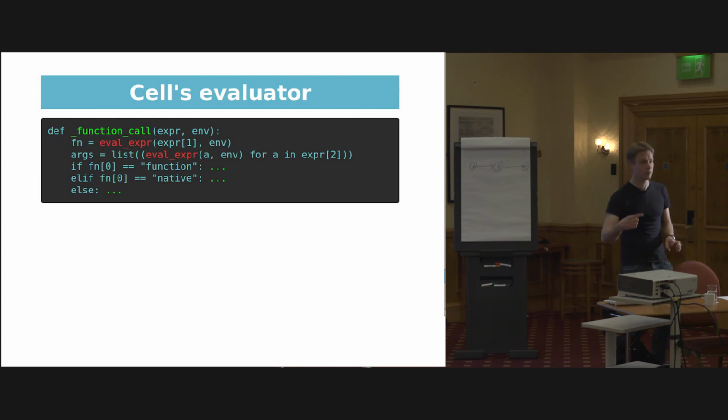Then we need to evaluate all the arguments so that we can pass them in to call the function with them. And in most languages, you'll find that the standard defines that the arguments get evaluated before you call a function passing them in.